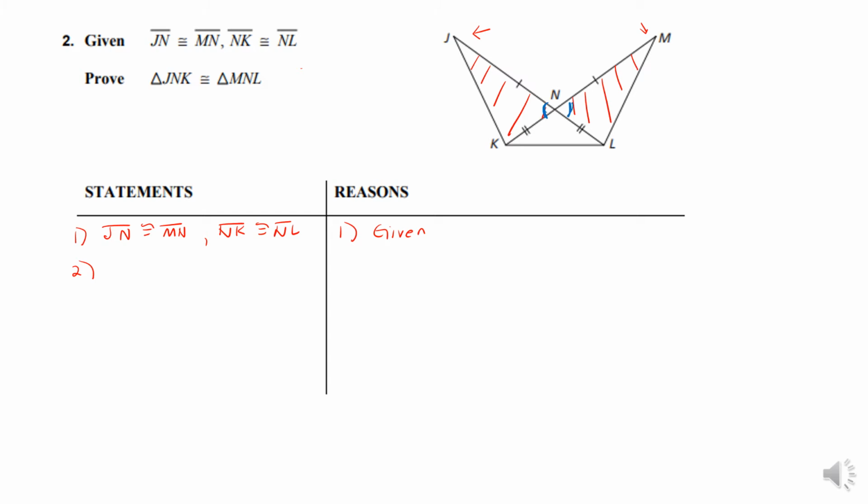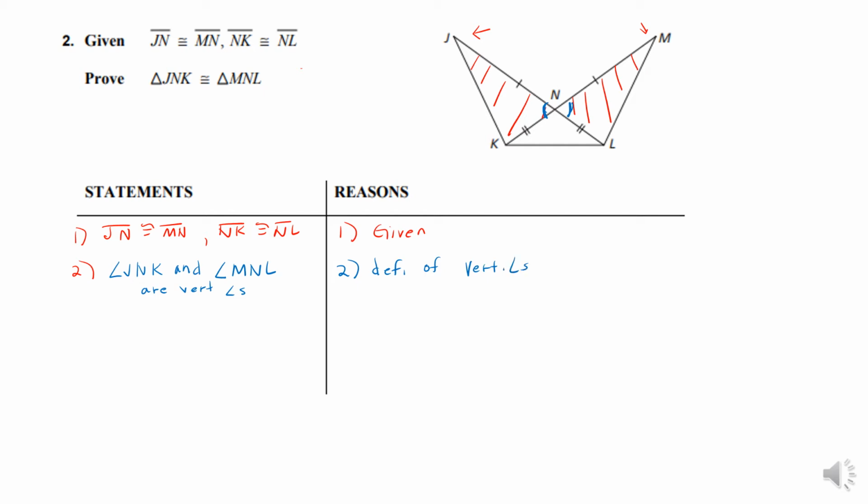I have 2 lines intersecting, so I can say angle JNK. Now this is what you're going to notice. I'm going to do this a little different, and angle MNL are vertical angles. Okay, I'm not going to say that they're congruent yet. I need to say that they're vertical angles. And that's by the definition of vertical angles.